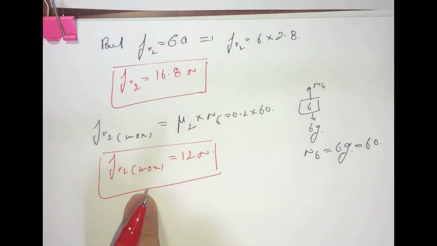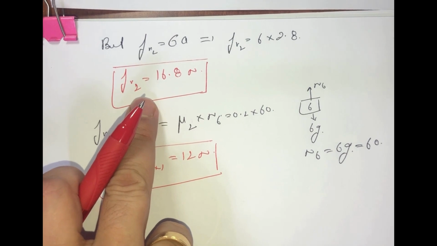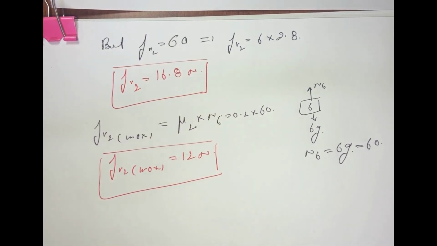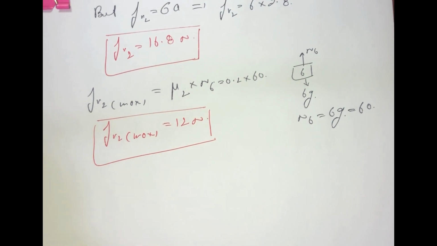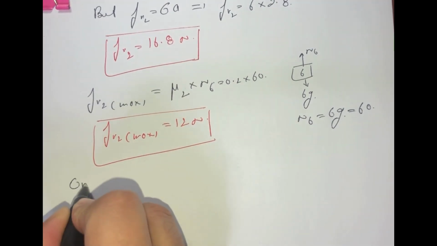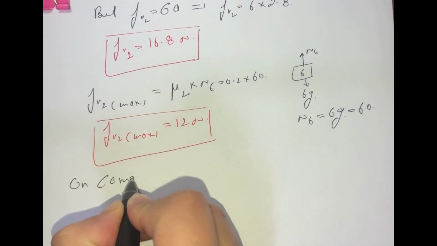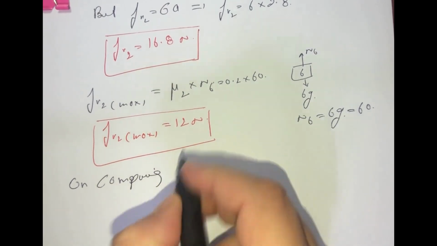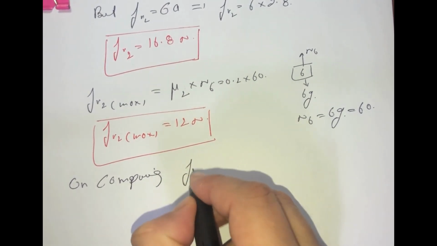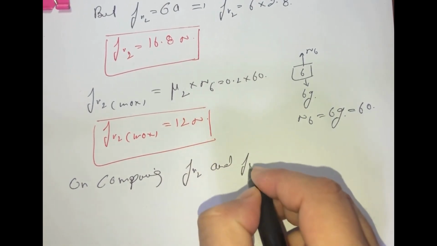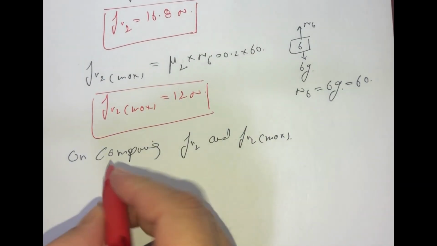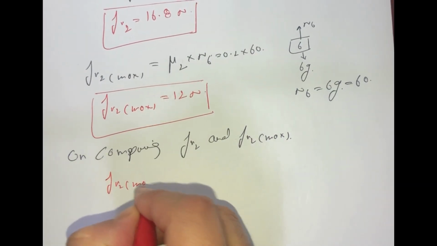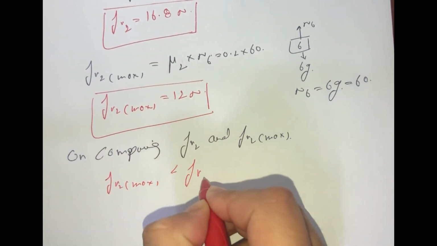So the maximum value of the friction is less than the friction which is being generated by the acceleration of 2.8. On comparing FR2 and FR2 max, FR2 max is less than FR2.